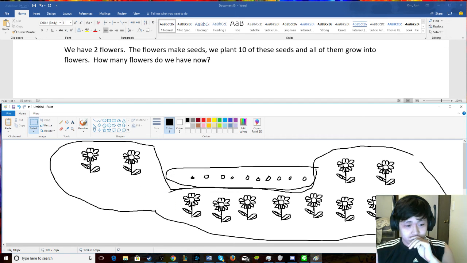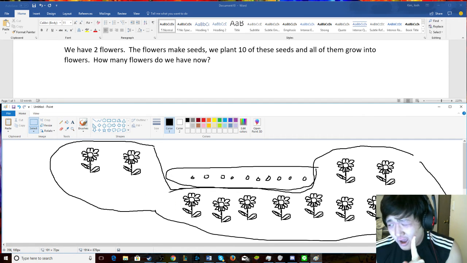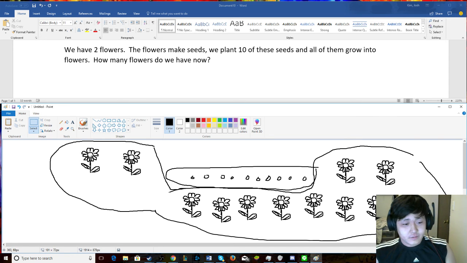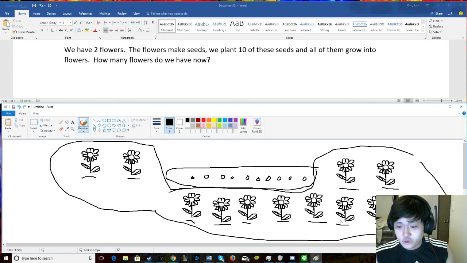So we can see, excuse me, we can see that there is 1, 2, 3, 4, 5, 6, 7, 8, 9, 10, 11, 12 flowers total. And that would be the answer. So if we had 2 flowers and the flowers make seeds and we plant 10 of the seeds and all of them grow into flowers, we would have 12 flowers total.